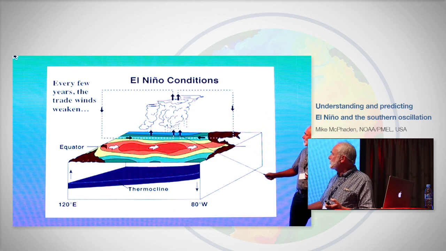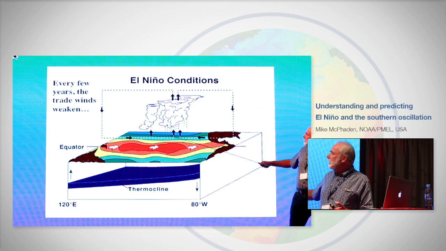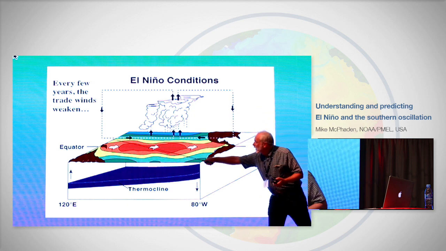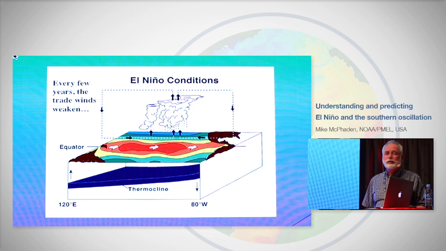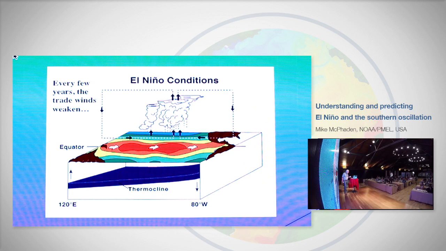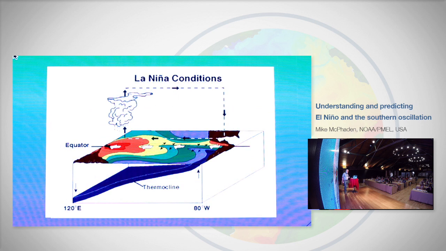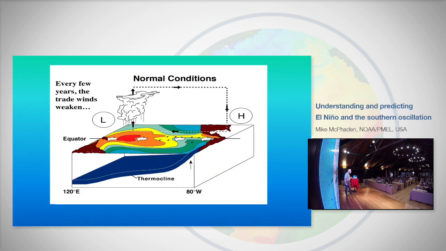And so you have a situation where the trade winds weaken, leads to warming, and the trade winds weaken even more. So again, positive feedback that help anomalies in temperature and winds and other variables grow during an El Nino event. And then through negative feedbacks that I'll mention a little bit later, the thermocline is elevated.